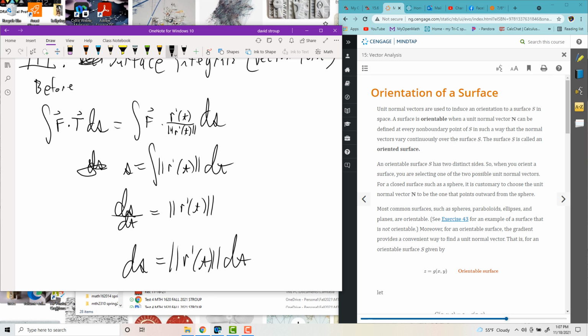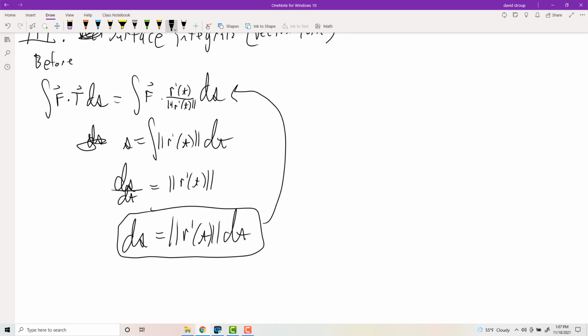Okay, so plopping this in here gave us the integral of f dotted with r prime of t all over the magnitude of r prime of t, which you could rethink of as 1 all over ds dt.